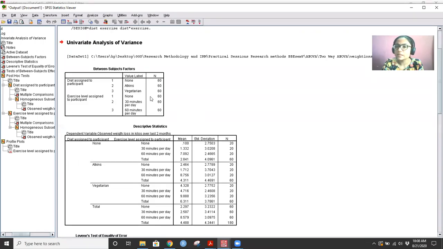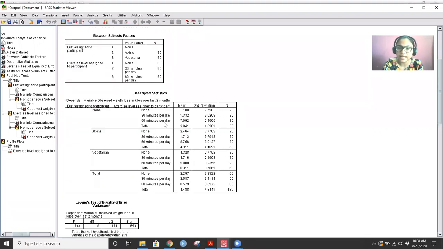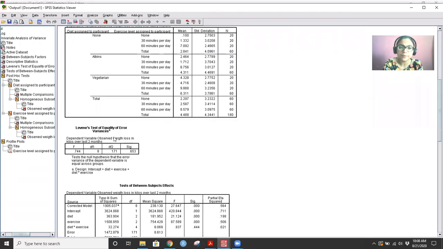So about the between subject factors, descriptive stats, we've done in the previous lecture. Then we also tested the homogeneity assumption, and we were successfully able to obey one of the assumptions of ANOVA, two-way ANOVA or ANOVA altogether, that the variances should be equal across all the groups.